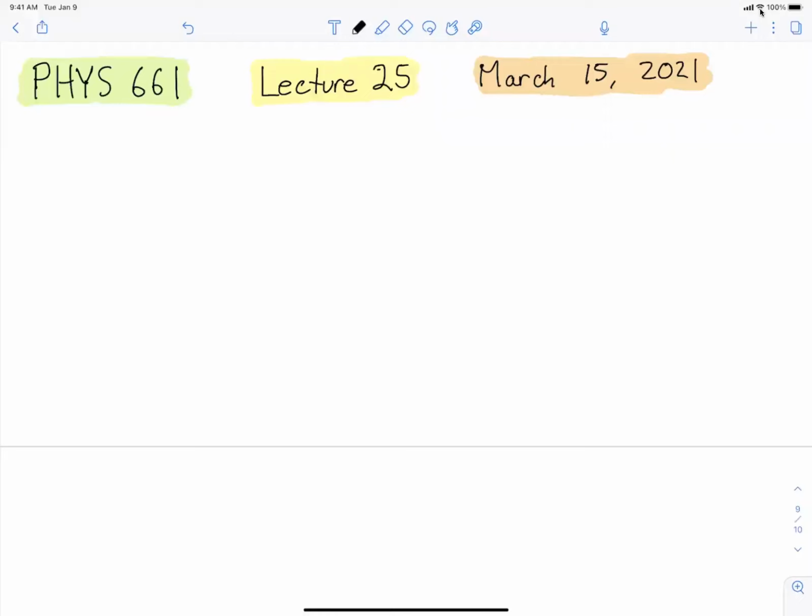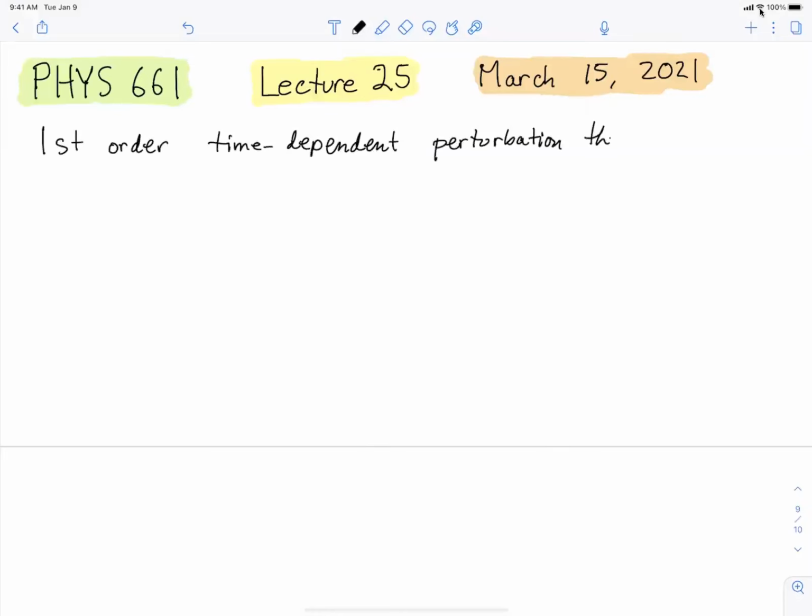Okay, good morning. So we've been talking about first order time-dependent perturbation theory. And just to summarize what we've learned, the key things: we took a Hamiltonian and divided it into a time-independent part and a time-dependent part.